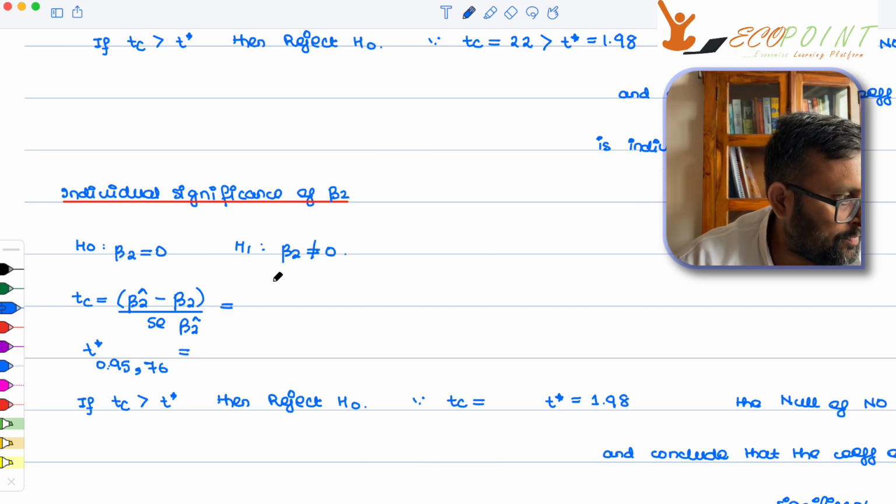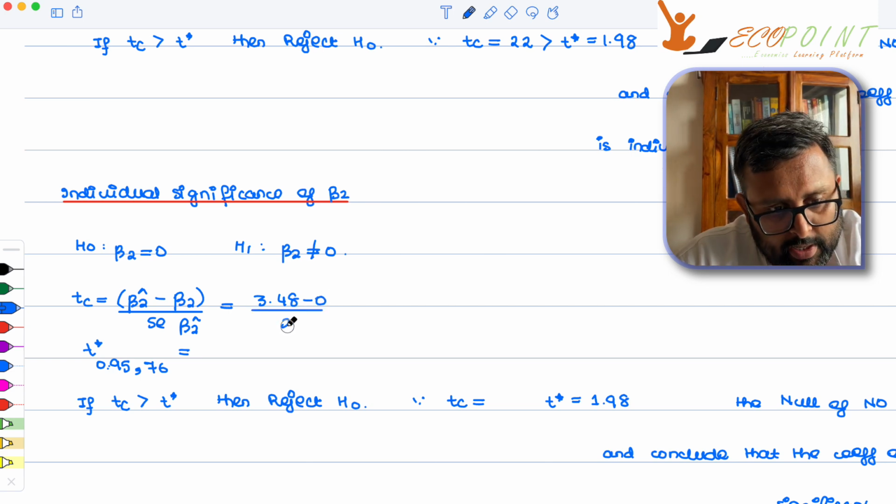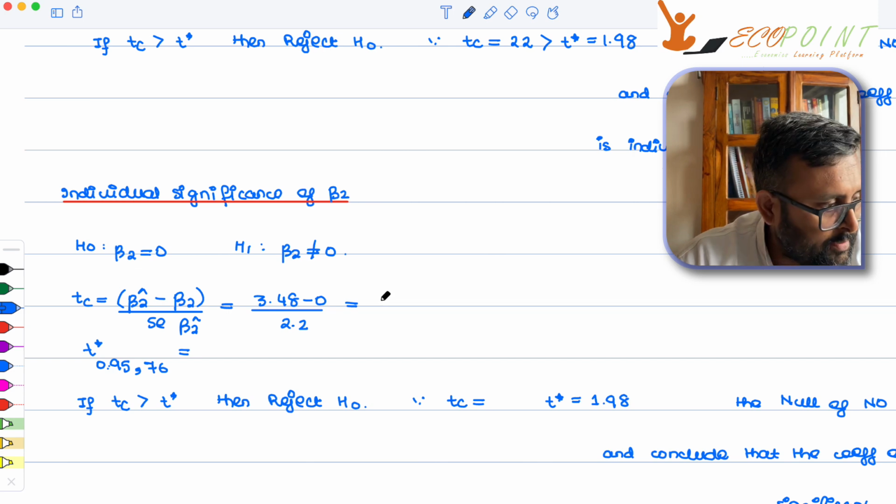What is that? That comes out to be beta 2 hat is 3.48 minus 0 upon standard error of beta 2 hat, which is 2.2. That comes out to be 1.58.